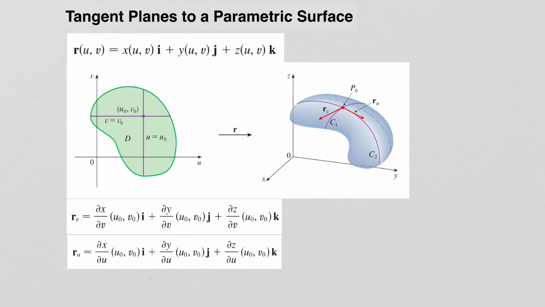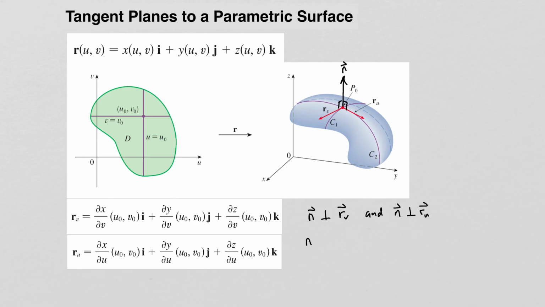Now, to get the equation of a plane, the easiest way to do that is to simply find the normal vector to the plane. And the normal vector would have to be perpendicular to both of the tangent vectors. So the normal vector is perpendicular to RV, and the normal vector is perpendicular to RU.